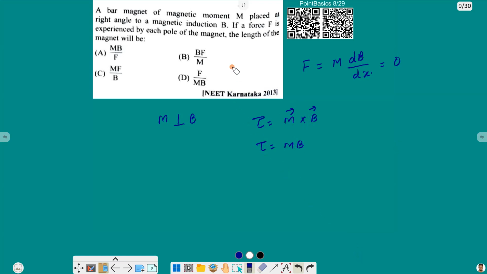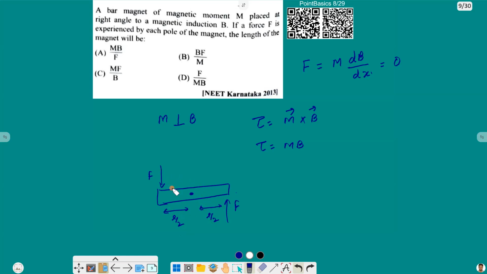Now it is mentioned that a force F is experienced by each pole of the magnet, and we need the length of the magnet. Suppose this is our magnet. These are its two poles, and each pole experiences a force F. These forces will be in opposite directions, only then we will get a torque. If L is the length of the magnet, then each force will be acting at a distance L by 2.